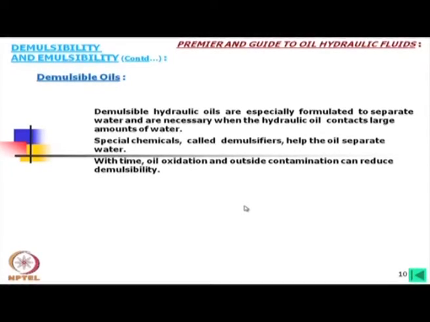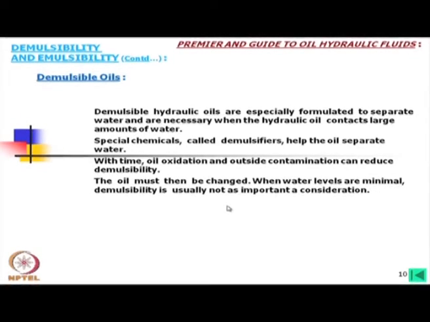With time, oil oxidation and outside contamination can reduce demulsibility. The oil must then be changed. When water levels are minimal, demulsibility is usually not an important consideration.